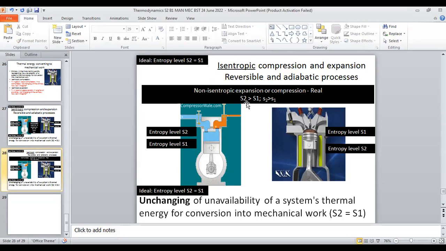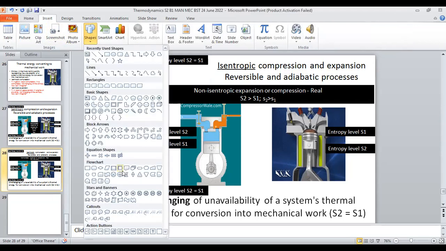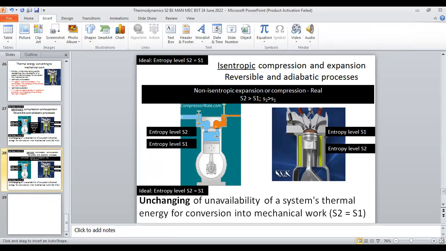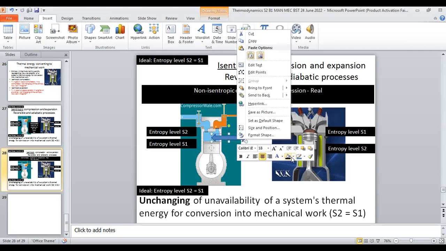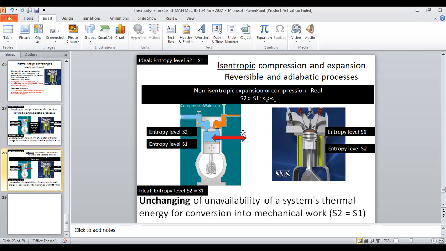Unchanging. So no thermal interactions. Go in, no out.